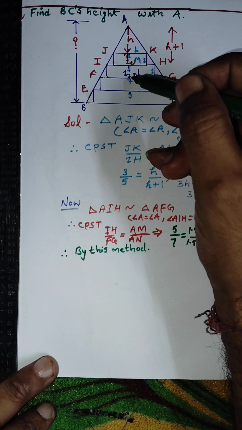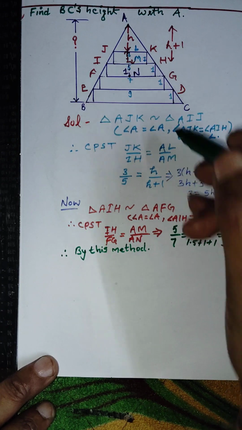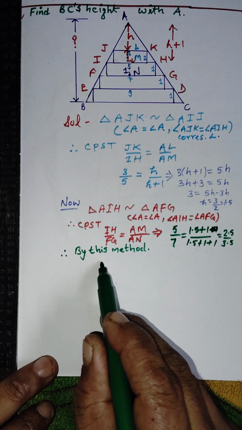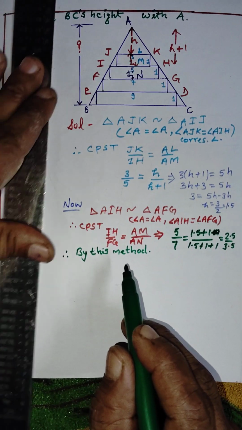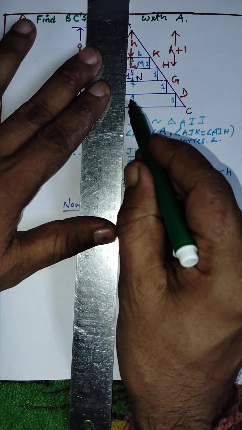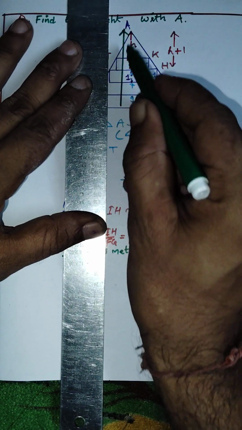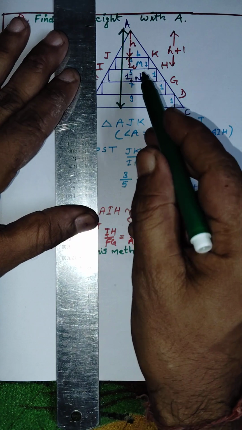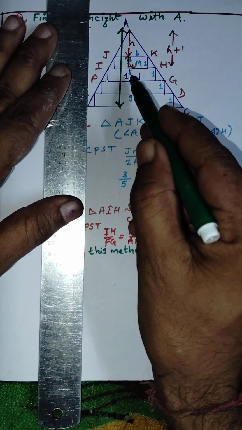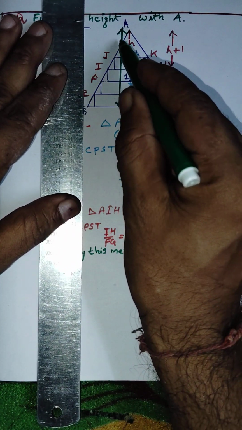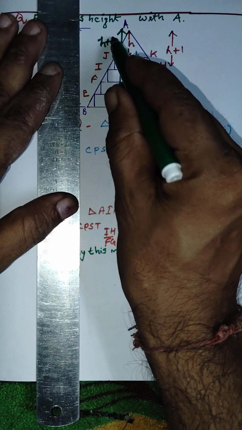There are four 1s, so the total height is H plus 4.